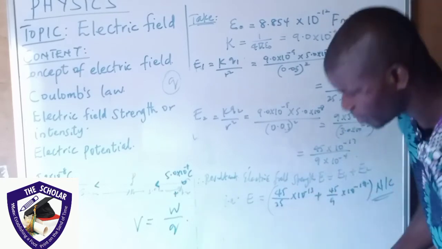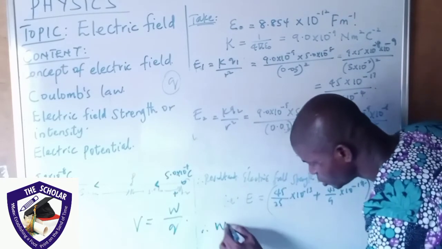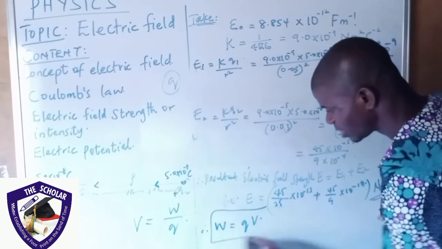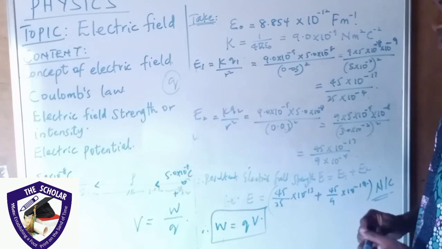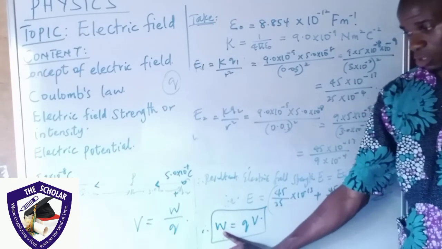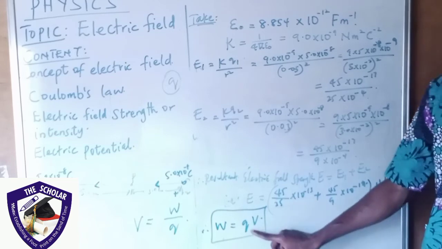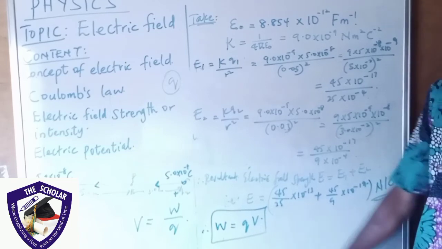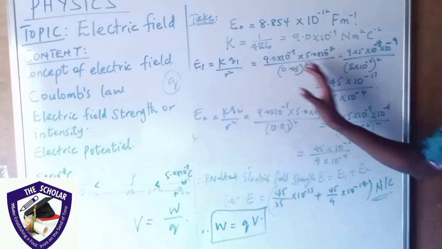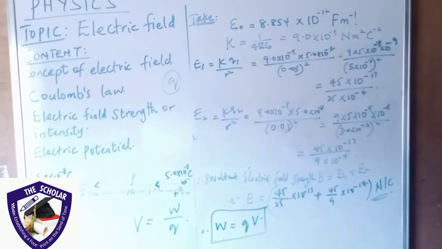So when you cross multiply, it means our W, the work done, is equal to QV. This formula also is very, very important when it comes to electric field. If you have to calculate the work done, W is equal to the charge times the electric potential. Likewise, this electric potential can be expressed in the other form, just like we have in our electric field intensity.